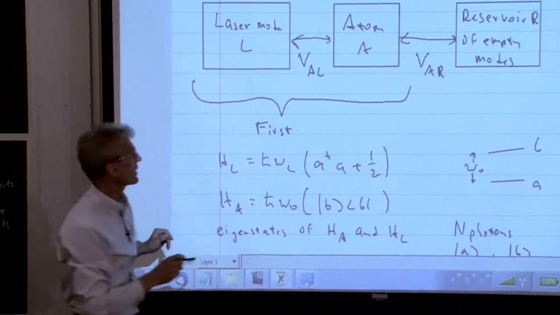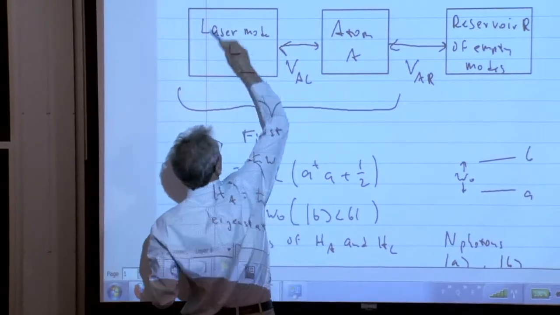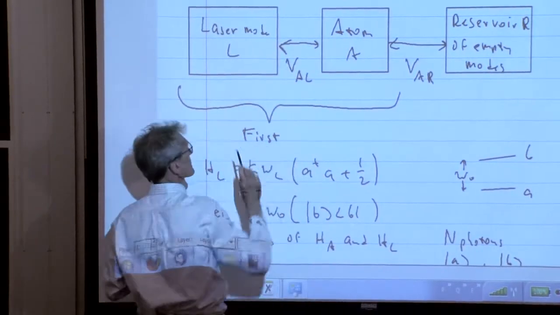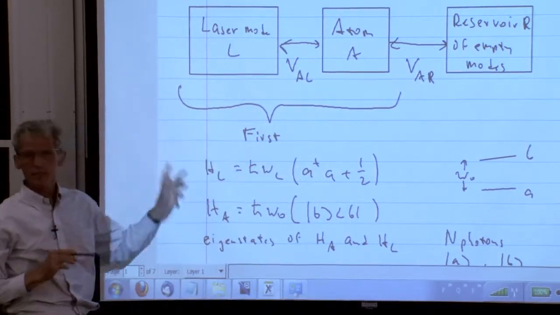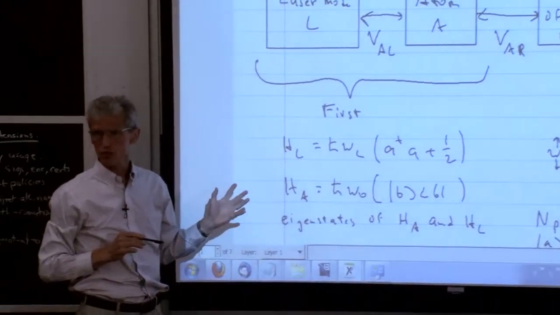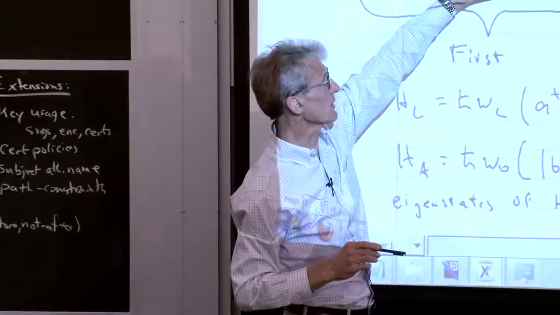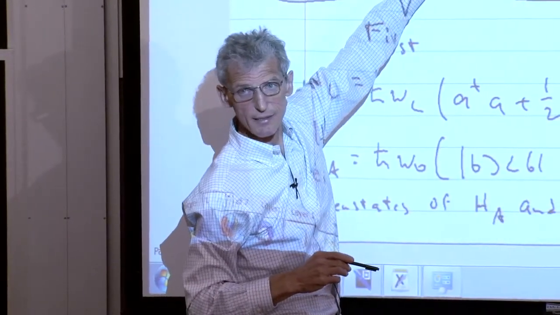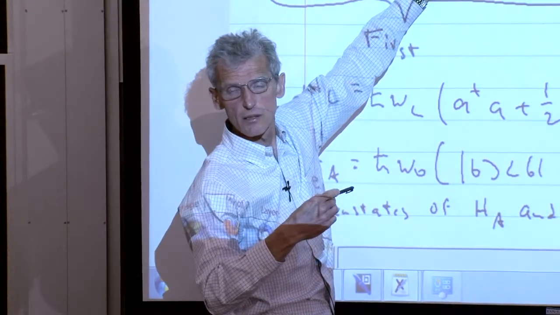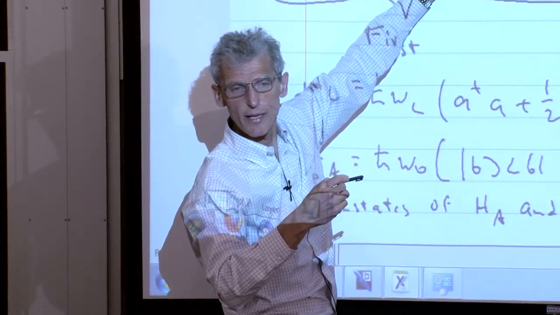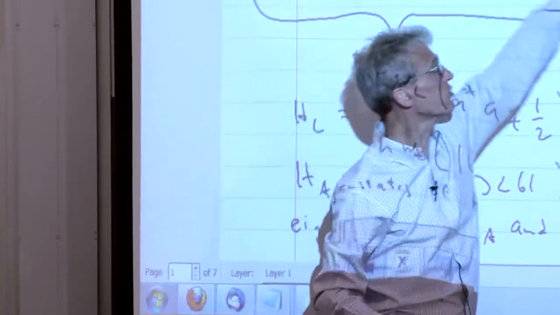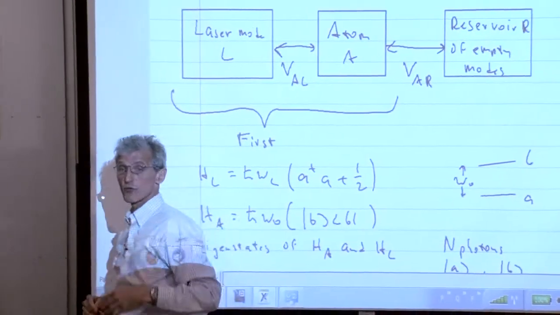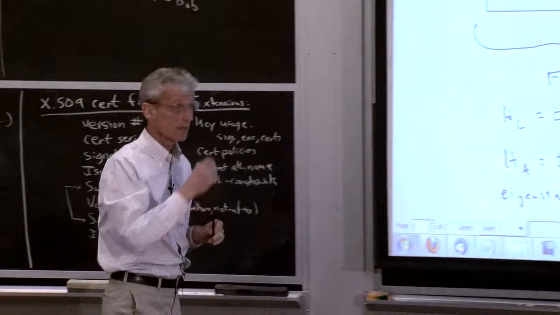But what we want to do now is first take care of the atom and the laser beam almost exactly in an exact diagonalization. And once we have diagonalized that, we have eigenstates which we call the dressed states. Then we allow, not the ground and excited state, but the dressed states to emit into the vacuum. And this is the formulation we want to obtain now.